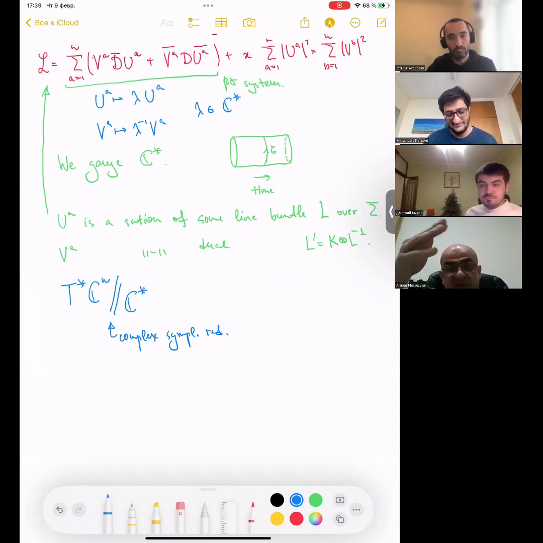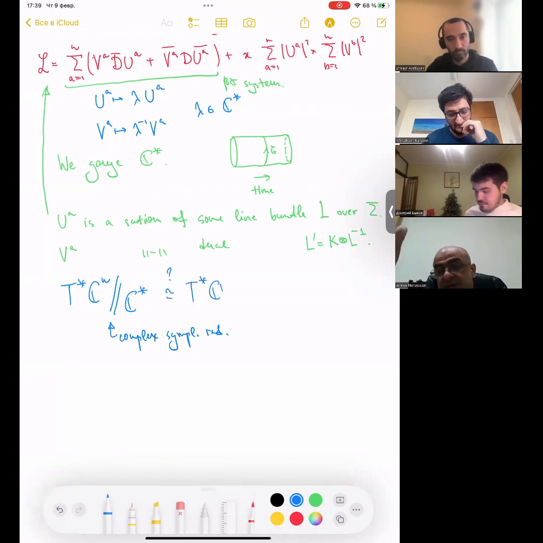When you perform, roughly speaking, U1 reduction of T star C n plus 1, you get T CPN equipped with a twisted symplectic structure, corresponding to some external magnetic field, if you want.